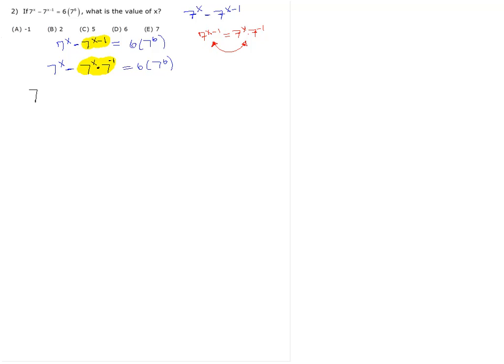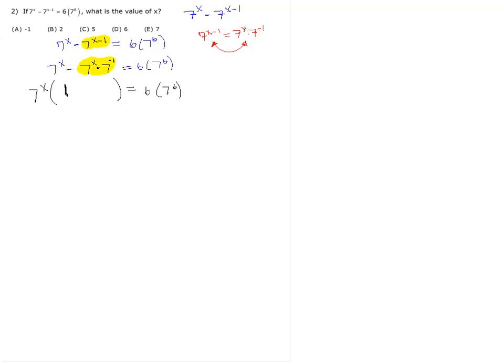So when I pull 7 to the x out, I'm going to immediately put in some parentheses here so I can visually see what's going to be left after that 7 to the x comes out. Well, when I pull 7 to the x out of itself, I'm left with a 1, right? When you take 7 to the x out of 7 to the x, there's a 1 that's left in the wake.